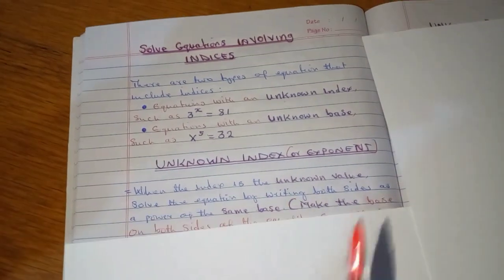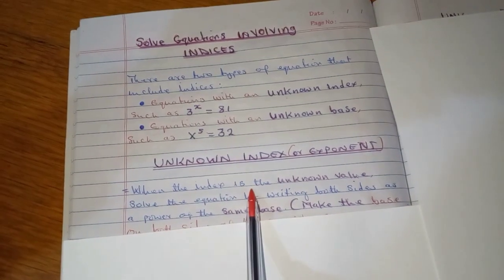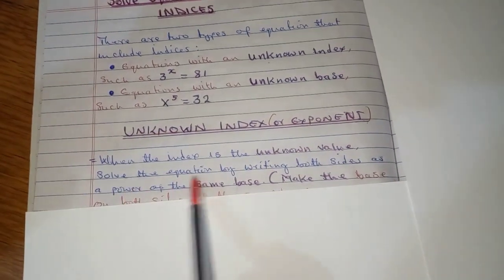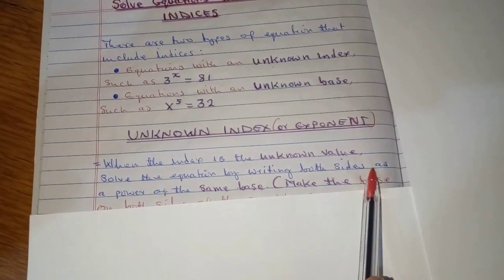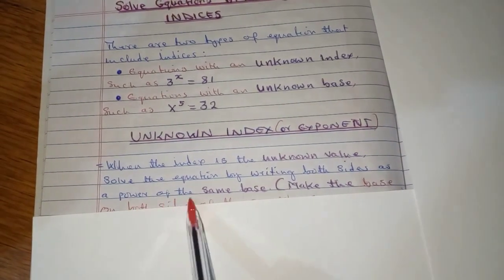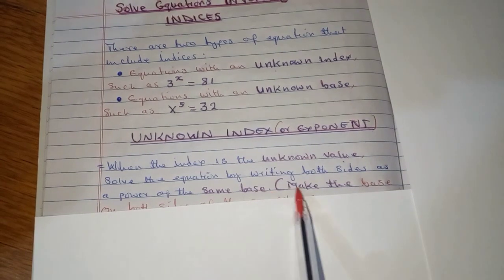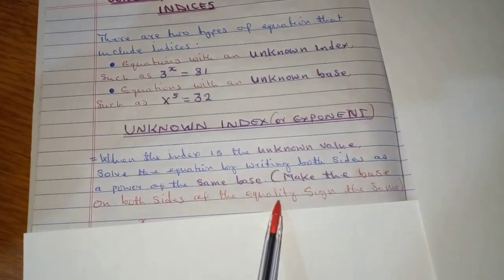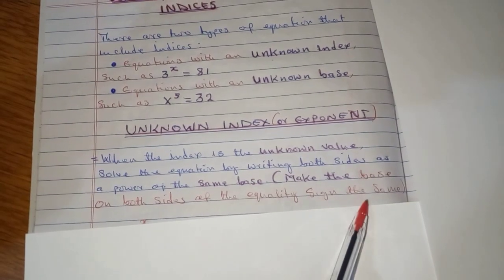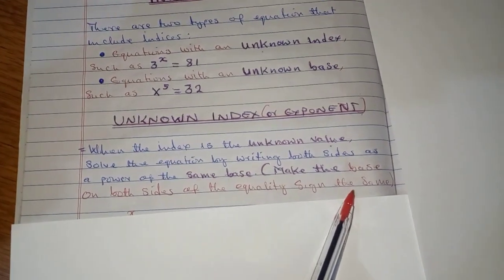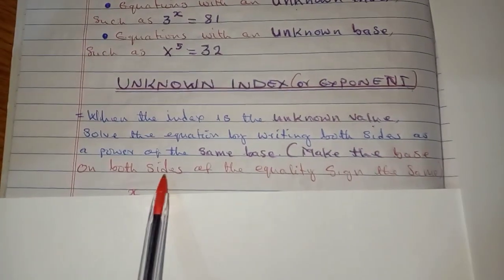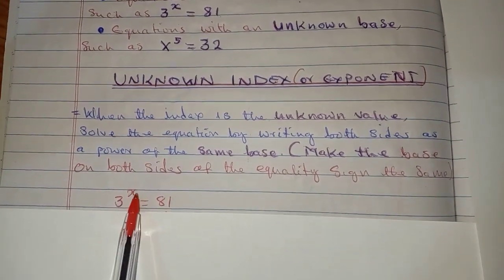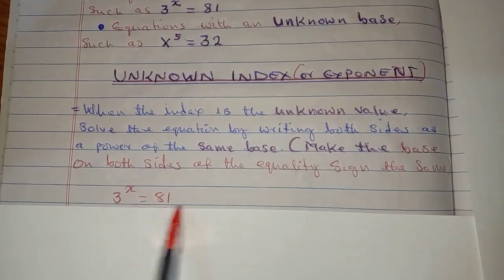When the index, or exponent, is the unknown value, solve the equation by writing both sides as a power of the same base. Make the base on both sides of the equality sign the same. In order for us to solve for the exponent, which is the value of x here, we need to make the bases the same.